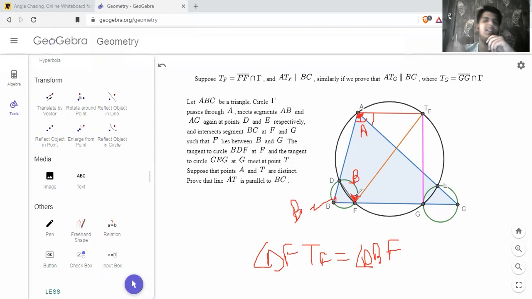As a quick exercise, you can see that this angle will be angle C, 180 minus A minus B, which is just C by the angle sum property. And this is also angle C. So basically alternate angles are equal, thus ATF is parallel to BC. Right. Similarly, we can show the same for the G tangent. I'll edit the colors. Now let's say this is a tangent.